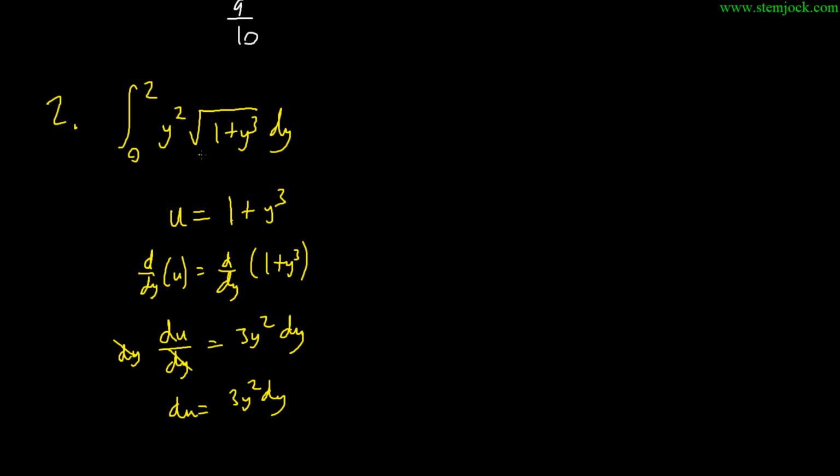If I look at the integrand here, I don't have a 3, so I'm going to divide both sides by 3. So I have du over 3 equals y squared dy. So this y squared and this dy will be replaced with du over 3. So this is equal to the integral of square root of u and then du over 3.